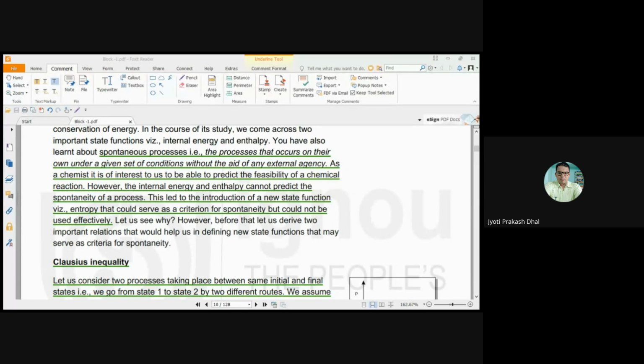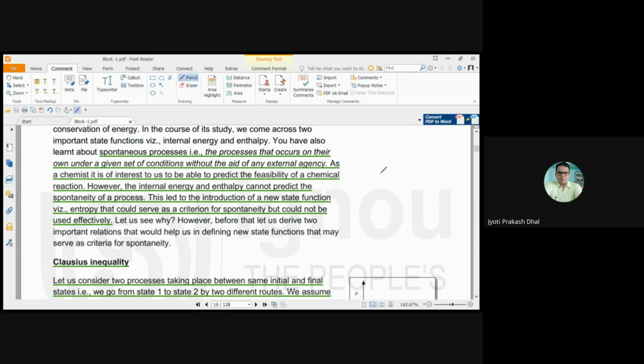So first here we will discuss the spontaneous process. We know that according to thermodynamics, all chemical processes are divided into two types: the first one is the spontaneous process, and the other one is the non-spontaneous process. The spontaneous process is that type of process that occurs on its own under a given set of conditions.